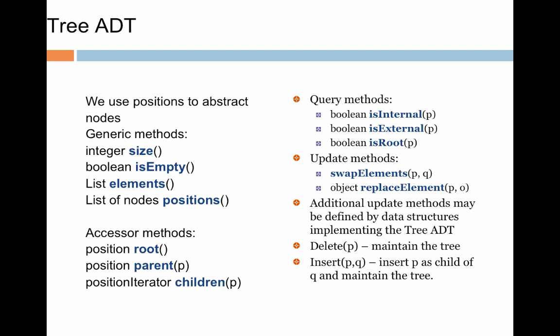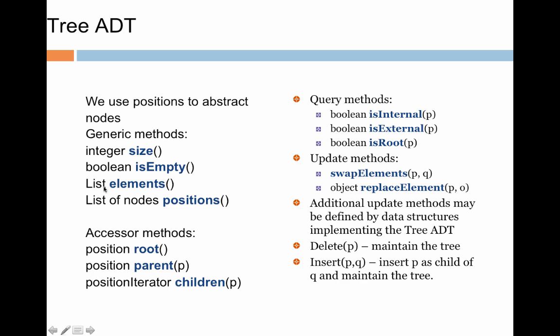Now we are ready to talk about the specific data items that are associated with a tree and the methods associated with the tree. So let's look at the methods. The methods are the size of the tree, and a Boolean query as to whether the tree is empty. We now make a very precise distinction between the elements and the positions.